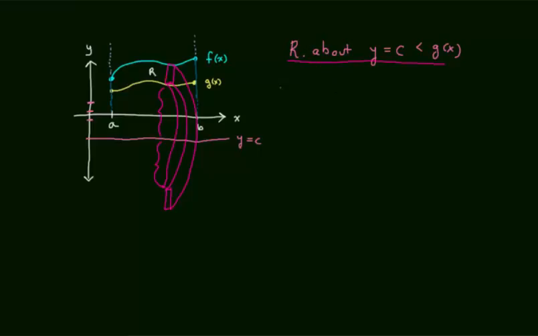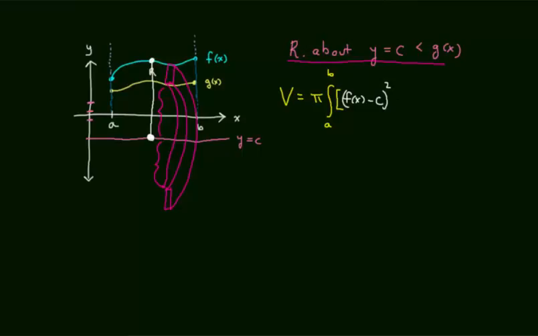So our volume now is going to be, pull out the pi times the integral from a to b. Now we're going to look at the outer radius. I'll get a good color here, white. Our outer radius is going to be the distance from here all the way down to the axis of revolution. So that radius is going to be f of x minus c, and I'm going to square that quantity.